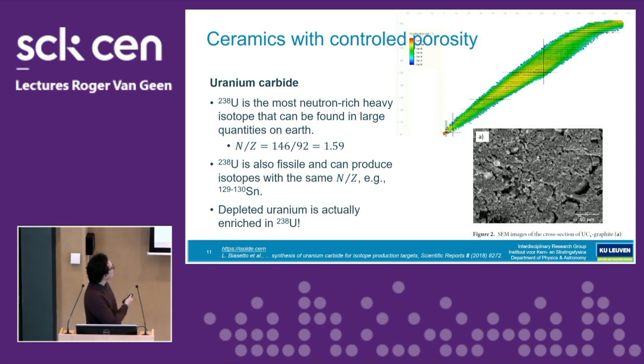We actually work with enriched uranium-238, which, funnily enough, is the depleted uranium, because you typically want to enrich in 235, not in 238. So we basically take the waste from 235 enrichment, which you would think people would be happy to give you.